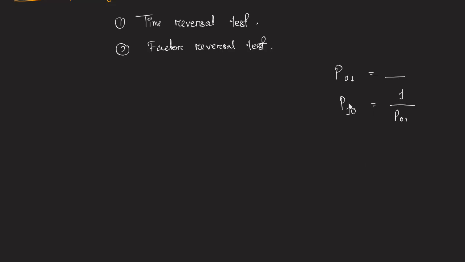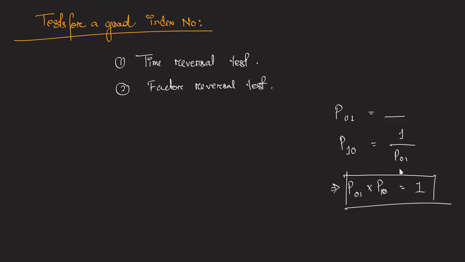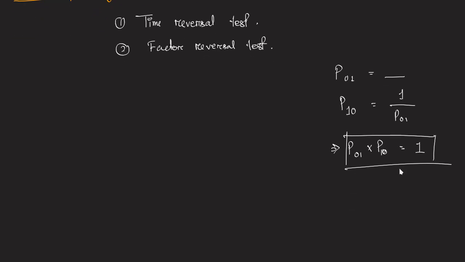They should be reciprocal to each other. In other words, if we multiply the two indices calculated on the base period and the current period, we should get 1. So this test is called the time reversal test: if you change the time, it should be completely opposite, 1 by the previous value. That is called the time reversal test.